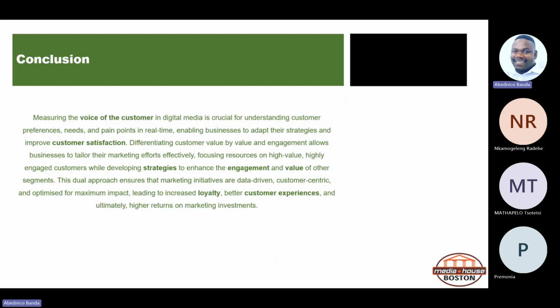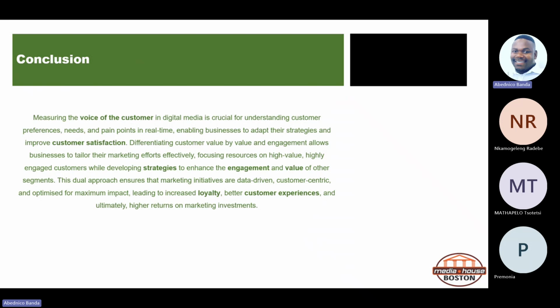So in conclusion, measuring the voice of the customer in digital media is crucial for understanding customer preferences, needs, and pain points in real time, enabling businesses to adapt their strategies and improve customer satisfaction. Differentiating customers by value and engagement allows businesses to tailor their marketing efforts effectively, focusing resources on high-value, highly engaged customers while developing strategies to enhance the engagement and value of other segments.